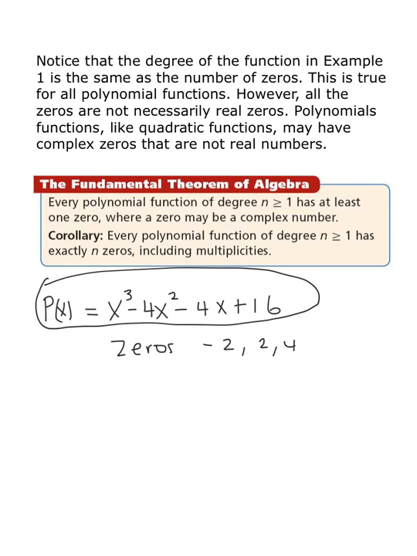It's helpful because every polynomial function whose degree n is greater than or equal to 1 has at least 1 zero. The zero may be a complex number.